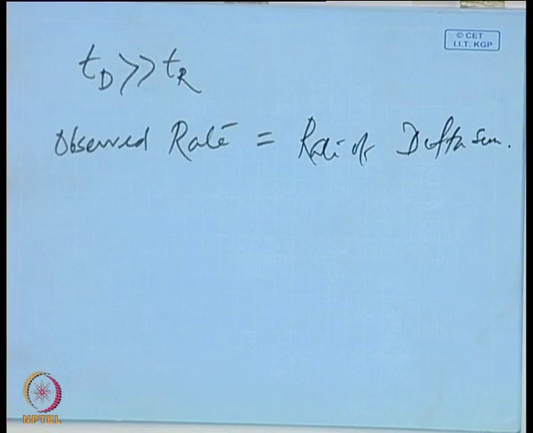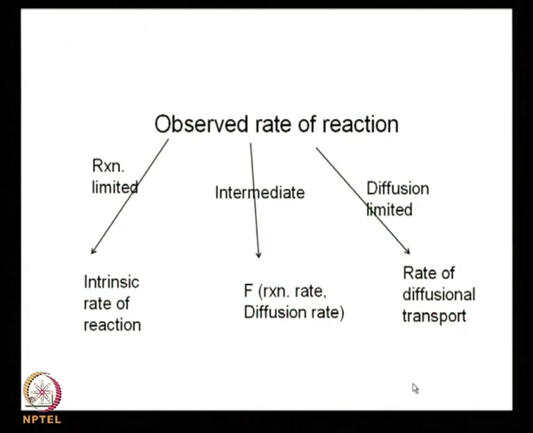So, if I go back to the screen, you will see that in the diffusion limited regime, the observed rate equals the rate of diffusional transport, and in the intermediate regime, the observed reaction rate is a function of the intrinsic reaction rate and the rate of diffusion.